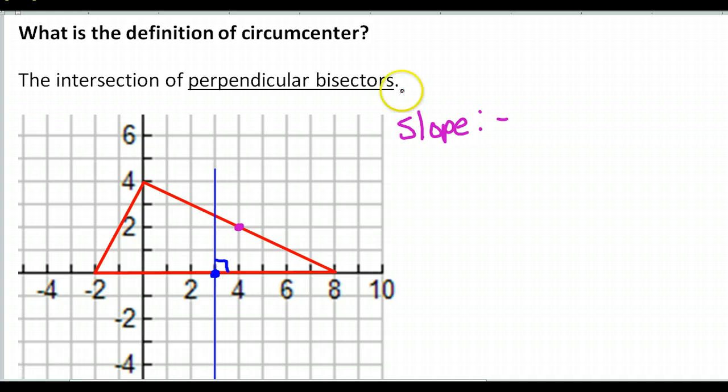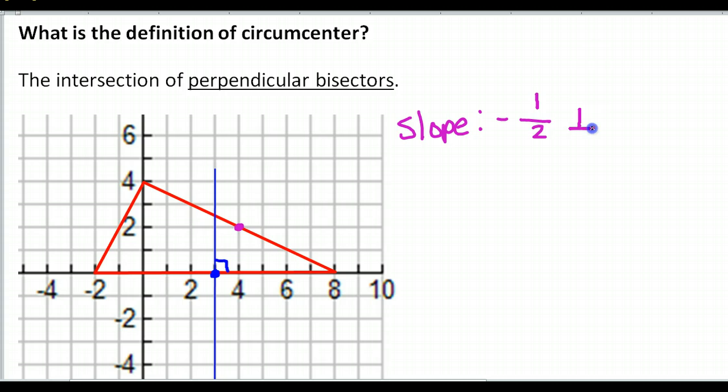Down 2 over 4 is the same thing as negative 1/2. And if you think about it, I could have looked at it this way: down 1 over 2, down 1 over 2. So you see the slope of this line, the rise and the run, is down 1 over 2, so negative 1/2.